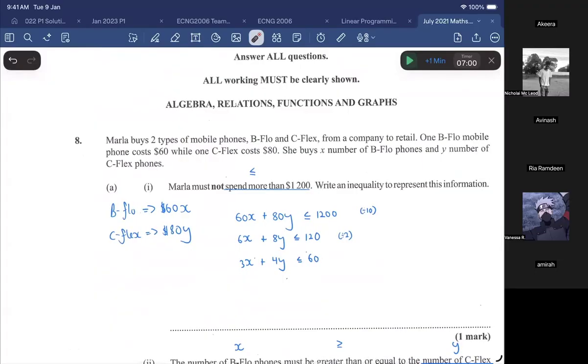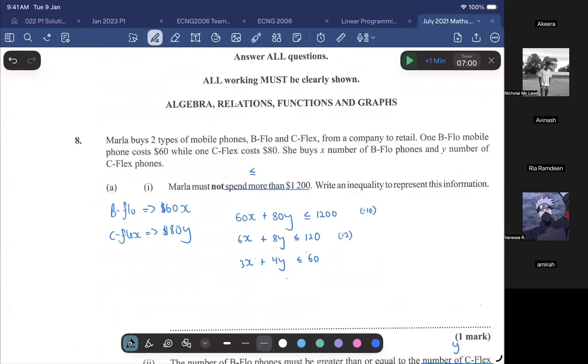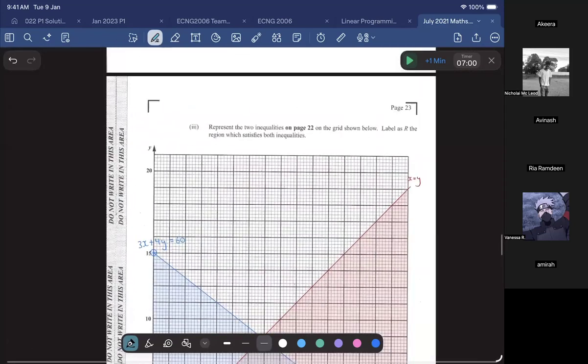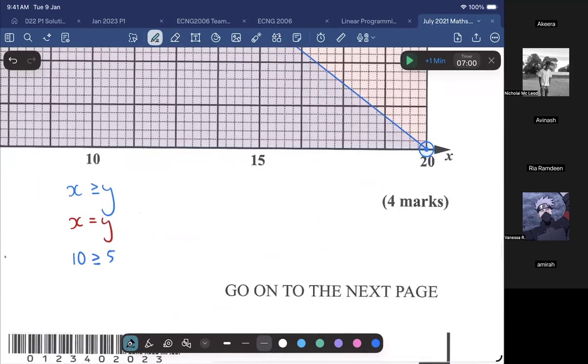X represented b flow, right? So you see this over here? This really is the number of b flow.